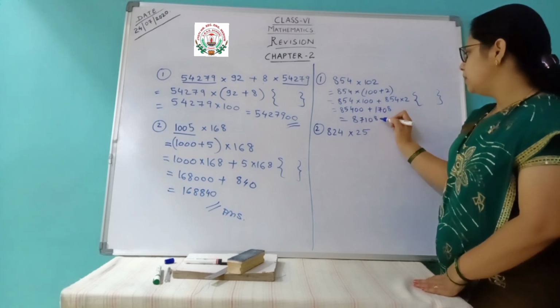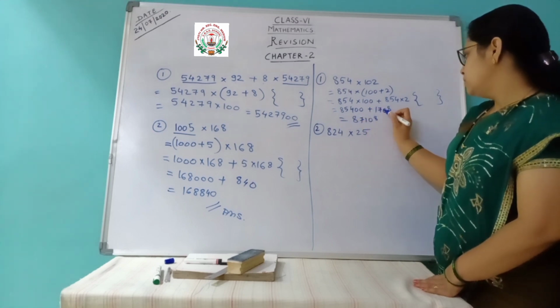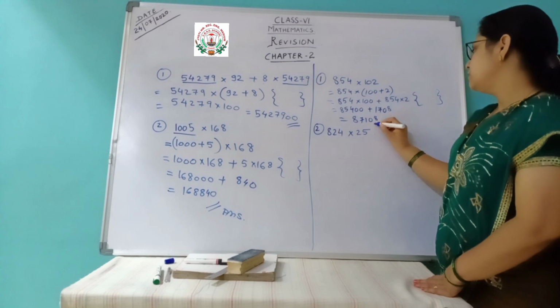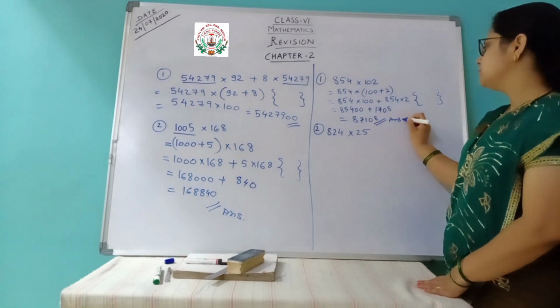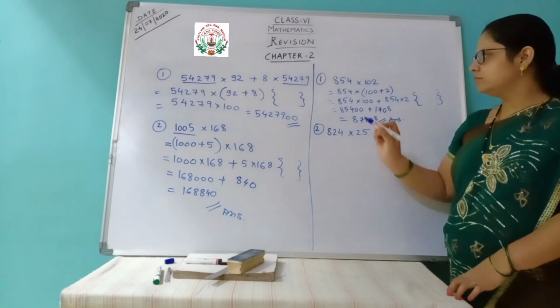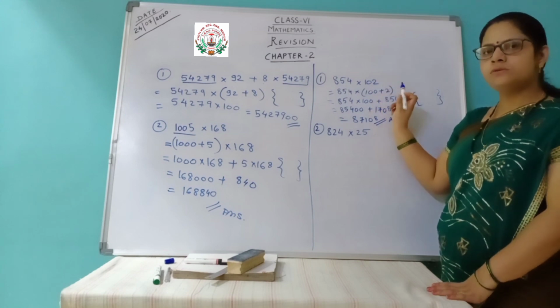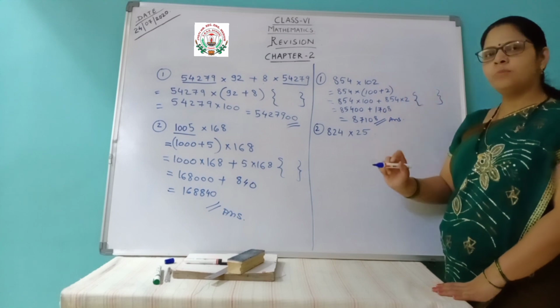Is it correct? 8, 0, 7 and 4, 11, 1 carry 1, 5, 6, 7 and 1, 8. This is correct. So this is your answer. Easily we got this answer just by bifurcating 102 as 100 plus 2 and then using the distributive property.